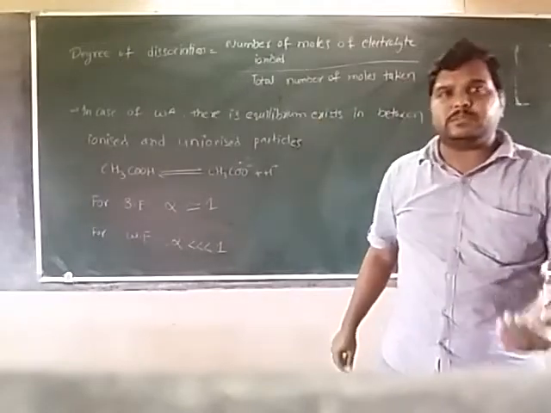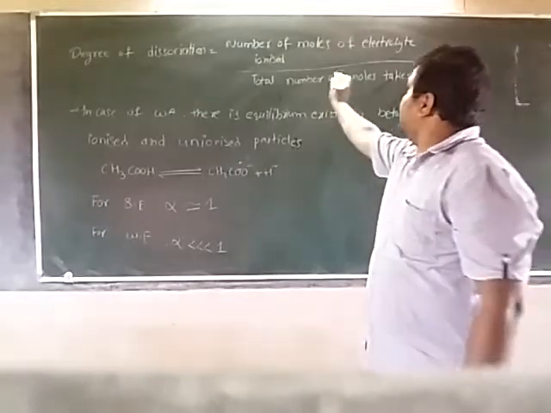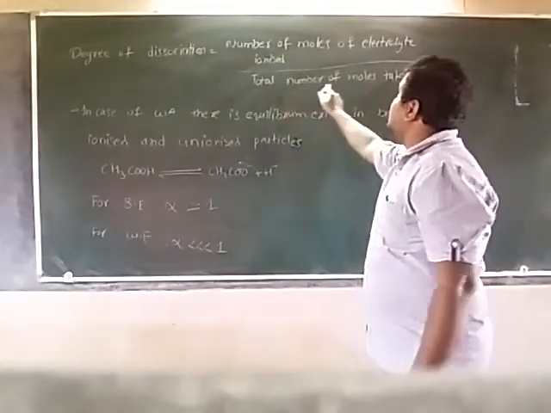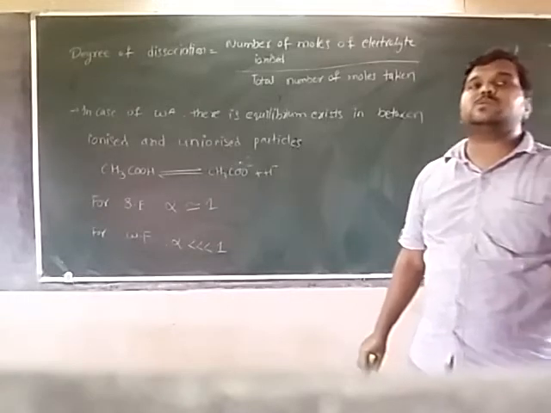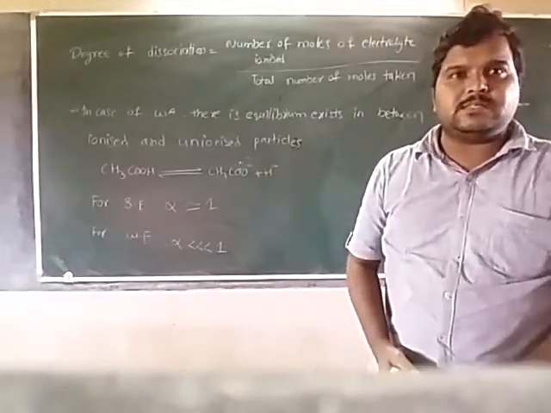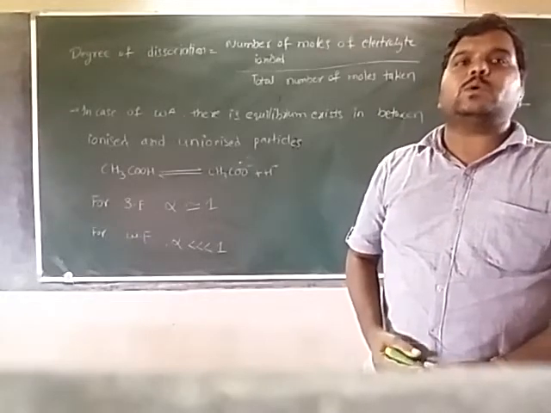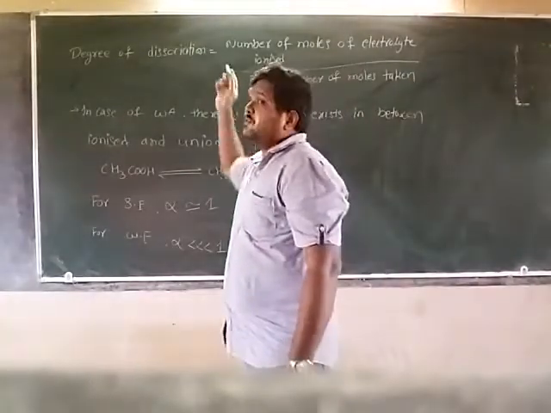What is the ratio between the number of moles of electrolyte ionized to the total number of moles of electrolyte taken? That is called the degree of dissociation.